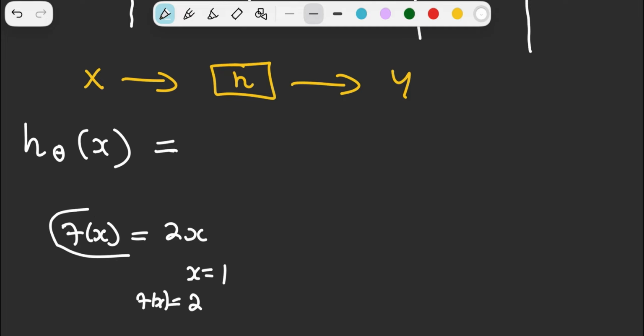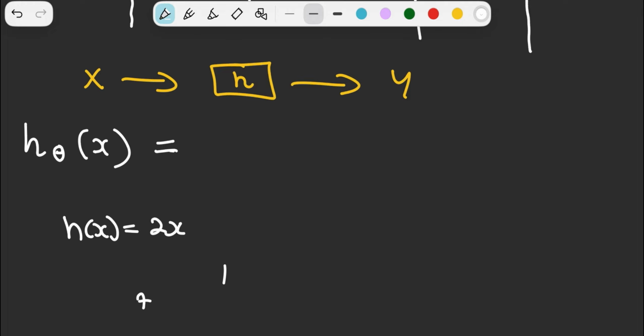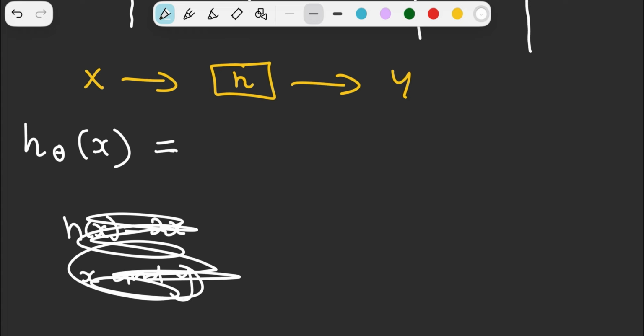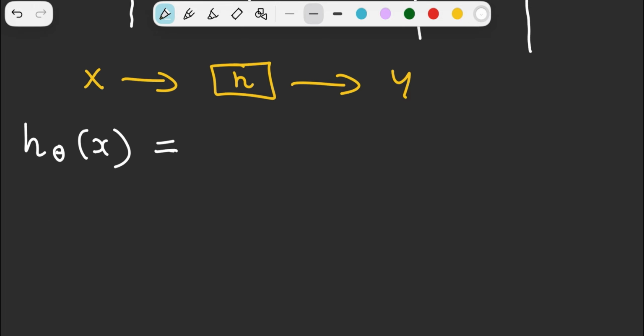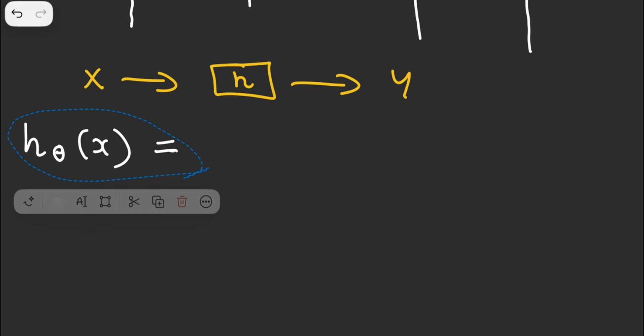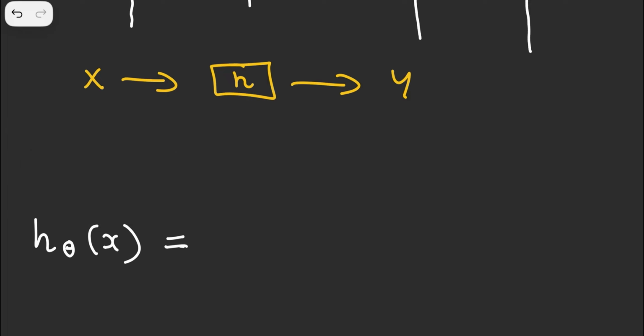So f of x is a relationship that maps y and x. And I can also have h of x being equal to 2x. It's the same thing, still a relationship that maps x and y. So there's nothing fancy that I've done here. I've just said h of x. I've put that little theta at the bottom, and I'll explain later what that is.